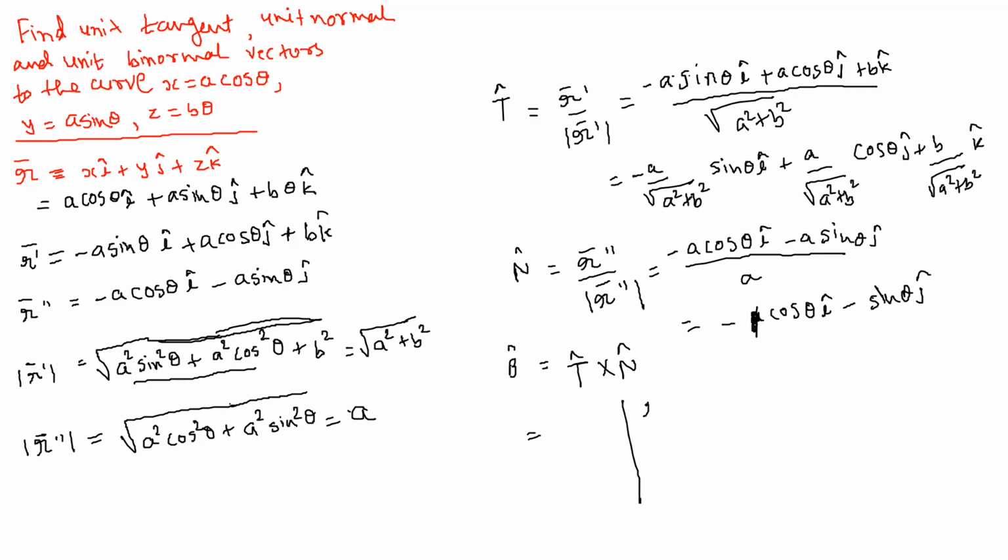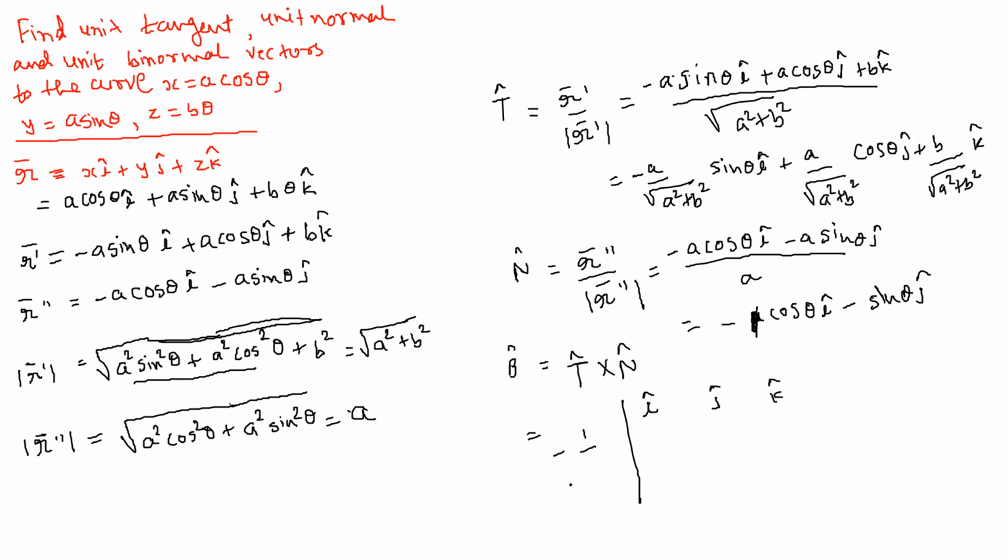So what will be the first row? i, j, k. Second row is from T. For every term we have under root a square plus b square common, minus under root a square plus b square common.